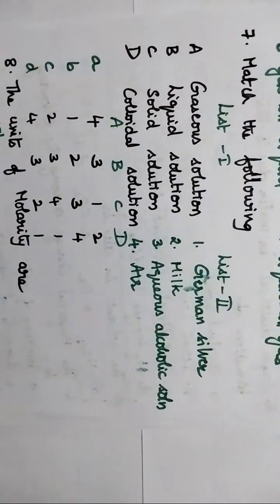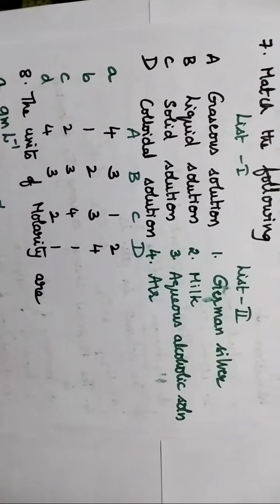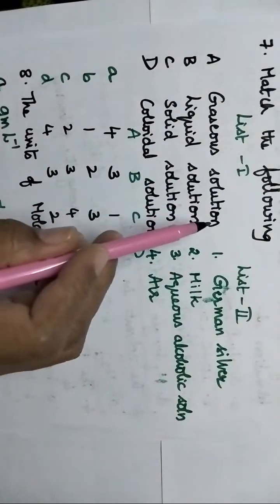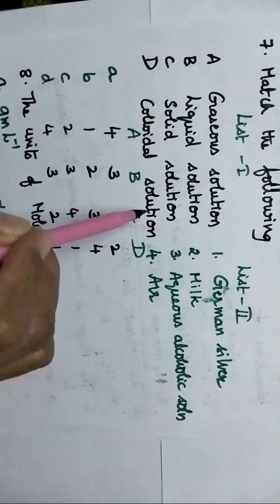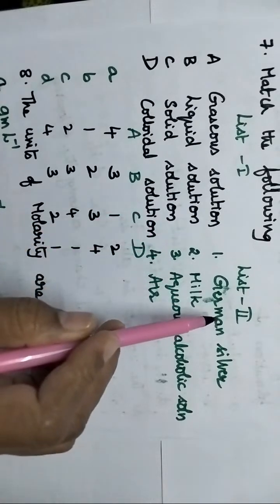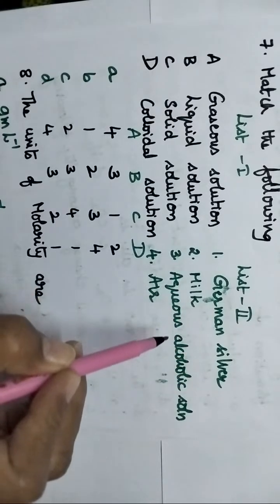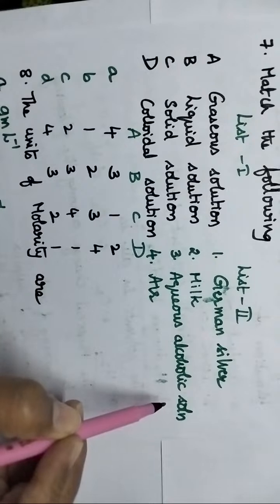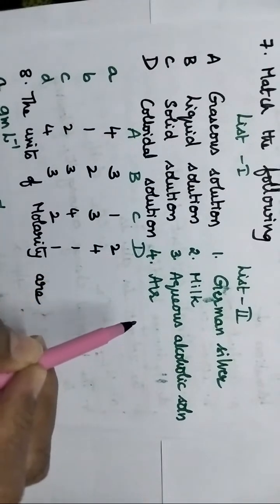It's very interesting. Seventh question is match the following. List A consists of gaseous solution, liquid solution, solid solution and colloidal solution. List 2 consists of German silver, milk, aqueous alcoholic solution, and air.